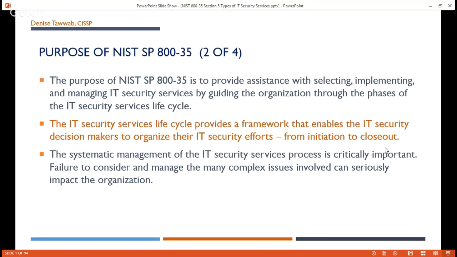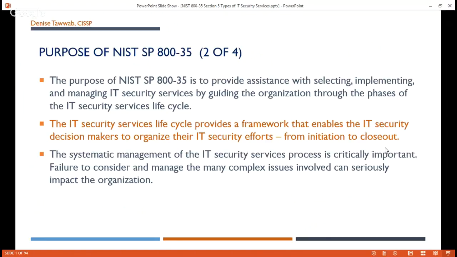Okay, the purpose of 835 is to provide assistance with selecting, implementing, and managing IT security services by guiding you through the phases of the IT security services life cycle, which we'll cover in a different video. The IT security services life cycle gives you a framework that enables the decision makers to organize IT security efforts from initiation to closeout.